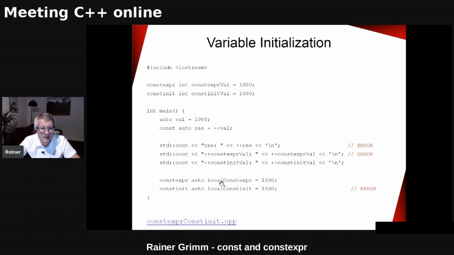And here's some additional point. When I make these both locals, you see they are on the stack, they have their own scope. I can use here my constexpr to initialize it. This is trivial, but I cannot use constinit here. Now the question may be, there's one hole in this area.